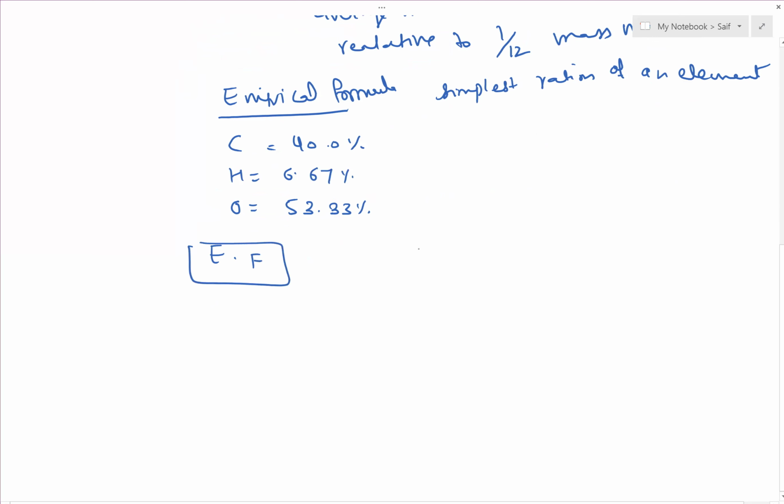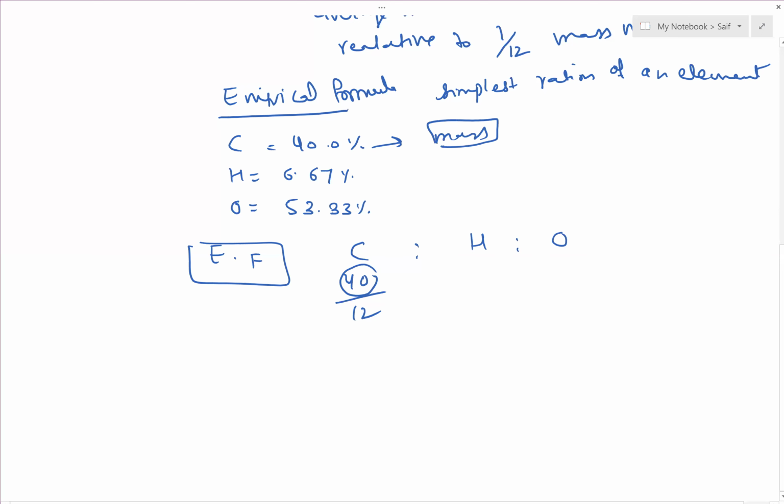The atomic mass over the percentage. Okay, no, percentage over atomic mass. That means 40 divided by 12. Basically, whatever percentage is given to you will be considered as your mass.